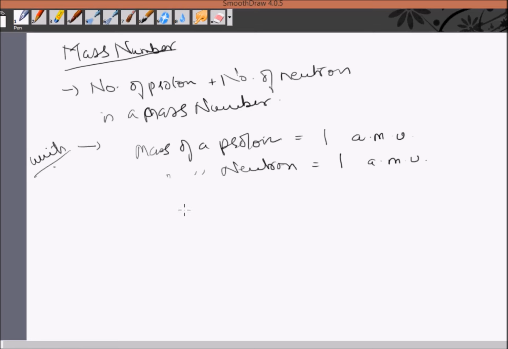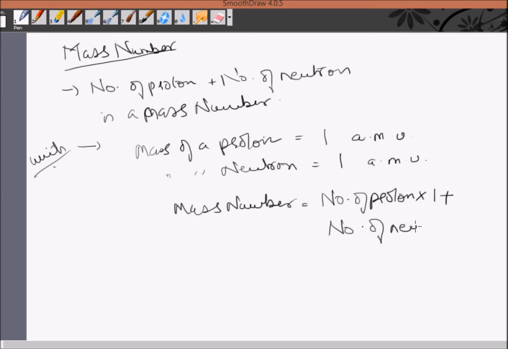So what will be the mass number? That is the number of protons times 1 plus the number of neutrons times 1, which is the atomic mass.